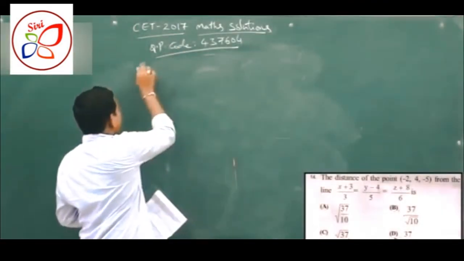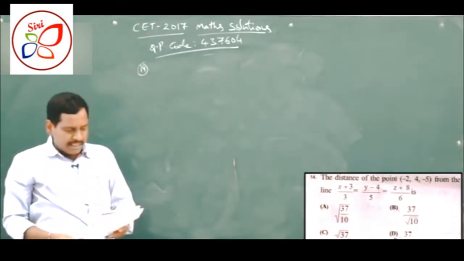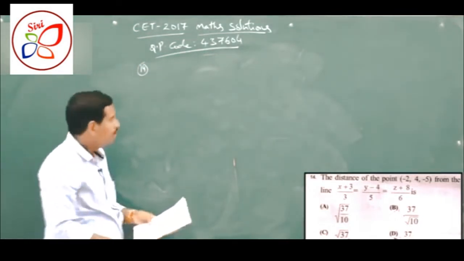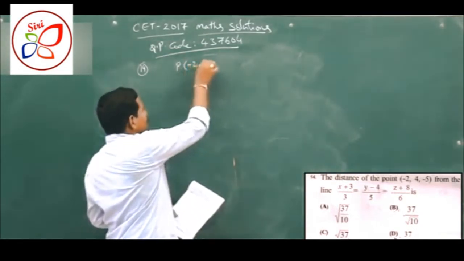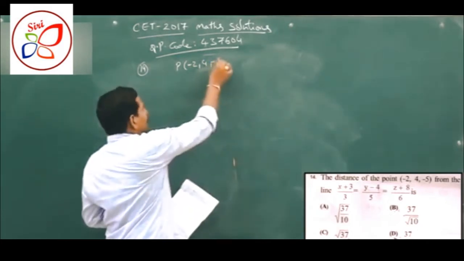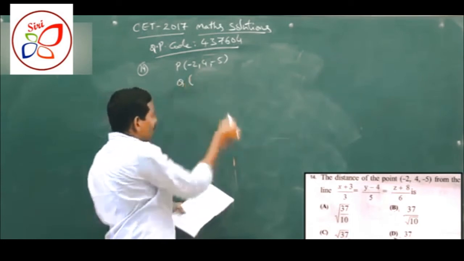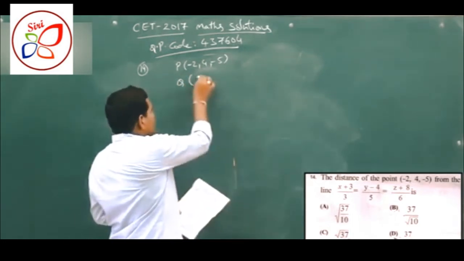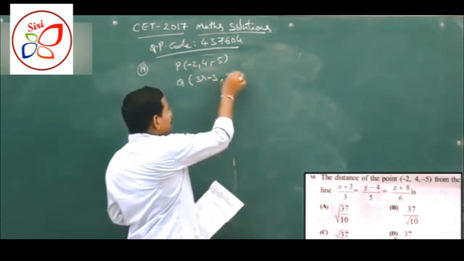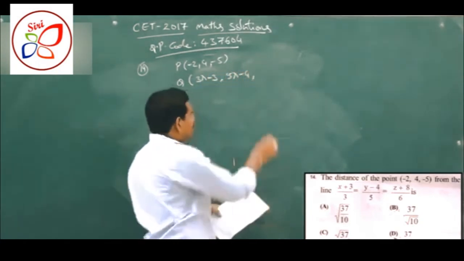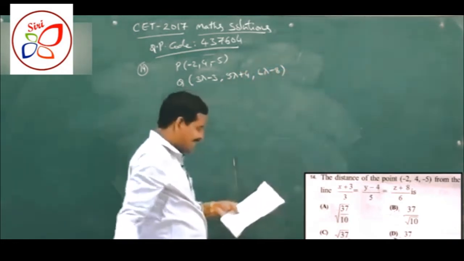Now 14th question. This is from 3-dimensional geometry. Distance of a point from a line required. Suppose given point is P, its coordinates are minus 2, 4, minus 5, and any point on the line can be taken as 3 lambda minus 3 comma 5 lambda plus 4 comma 6 lambda minus 8.